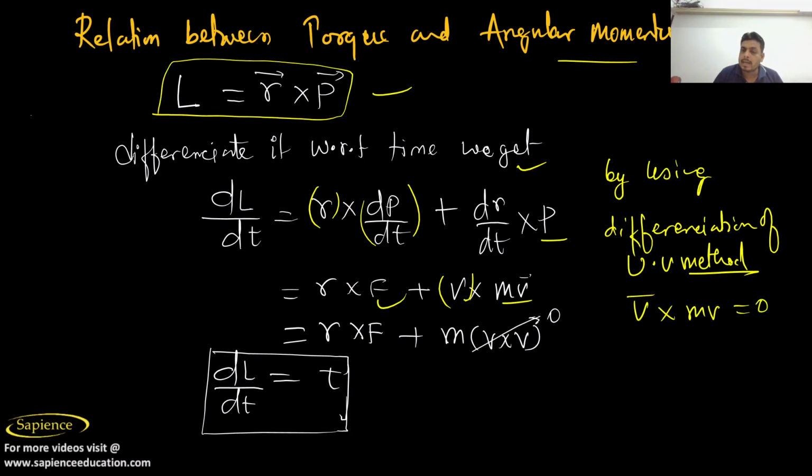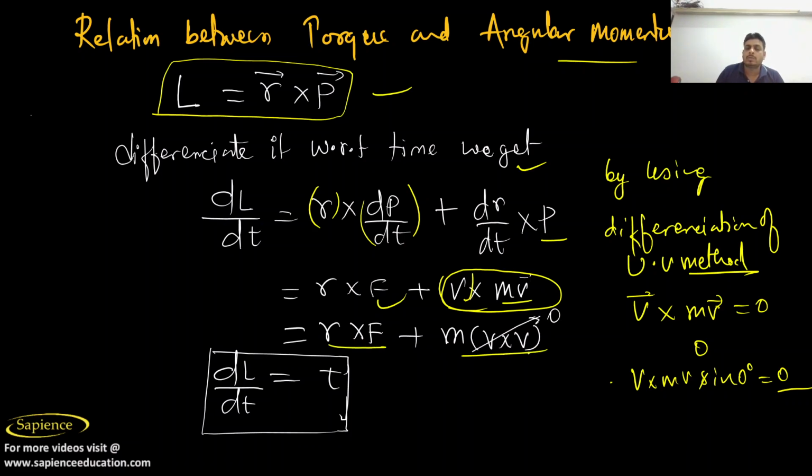Why? Because the angle between v and v is 0, and v cross v means v into v sine 0 degree. Sine 0 has 0 value, so this part you will get 0. So finally we are getting r cross F plus m v cross v. This is 0, so r cross F.